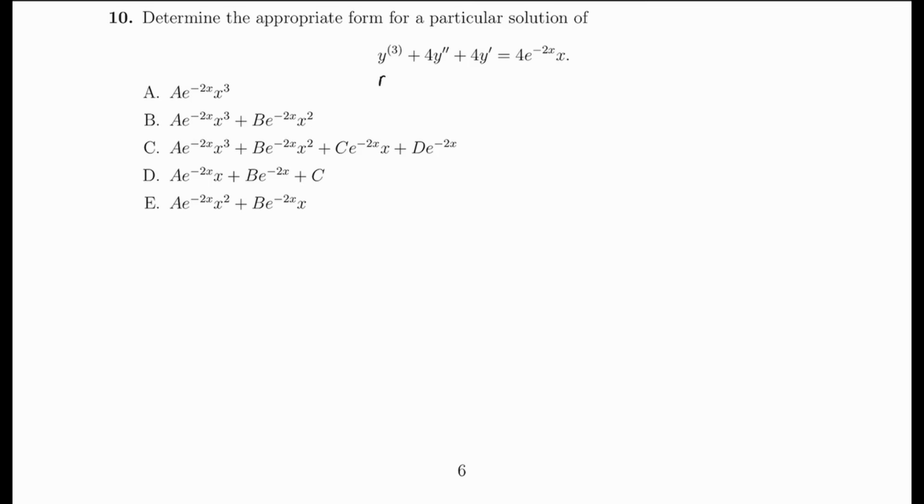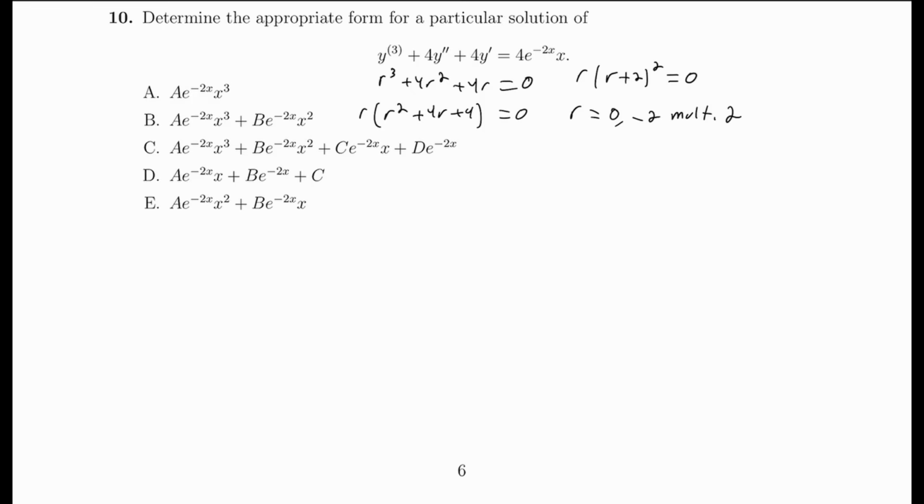So set up our characteristic equation as r cubed plus 4r squared plus 4r is equal to 0. Factor that into r times r squared plus 4r plus 4. And that factors one more time into r times r plus 2 all squared. From there, we see that r is equal to 0 or negative 2 with a multiplicity of 2.